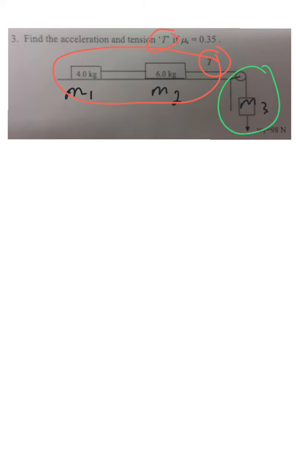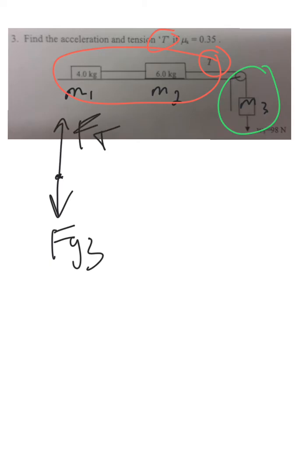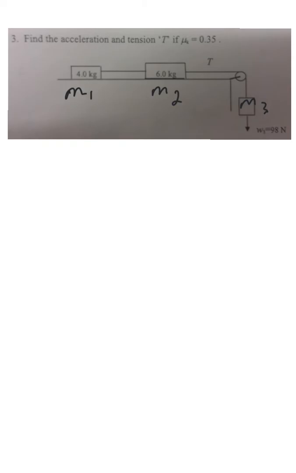The reason why is because if you look back, the free body diagram was just force of gravity 3 and tension, right? Those are the only two forces affecting mass 3's acceleration by itself. So when you look at the Newton's second law equation for that, it comes out like this. You have F net equals M3A.